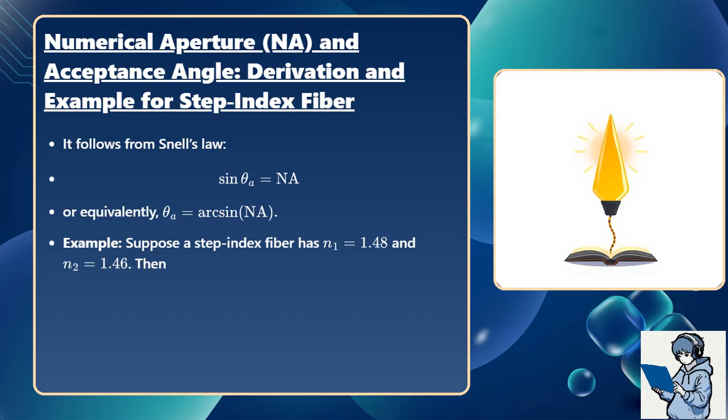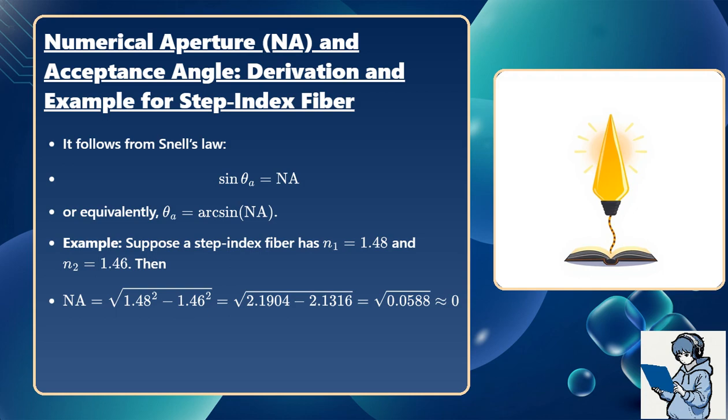Example: suppose a step-index fiber has N1 = 1.48 and N2 = 1.46. Then NA = sqrt(1.48² − 1.46²) = sqrt(2.1904 − 2.1316) = sqrt(0.0588), approximately 0.242.